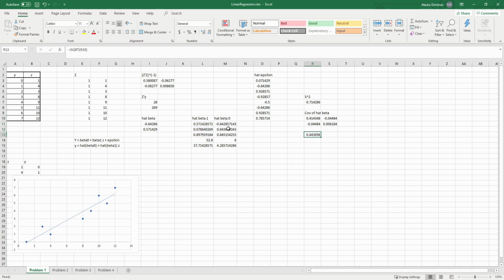Okay, so it is 0. So we get that this is the same number, and square root of this should be equal to this, right? And now we know that this is correct, and we know what the covariance is, right? So you can use this, for example, for confidence intervals for either hat beta 1 or hat beta 0, or if you need to compute the value of the test statistic, the same way that we usually do.